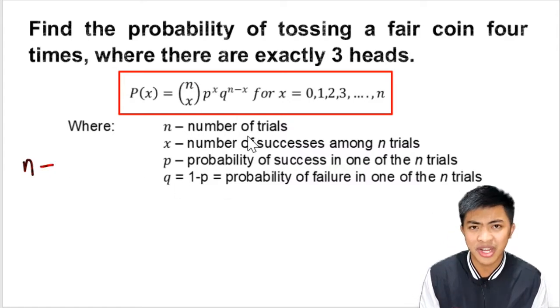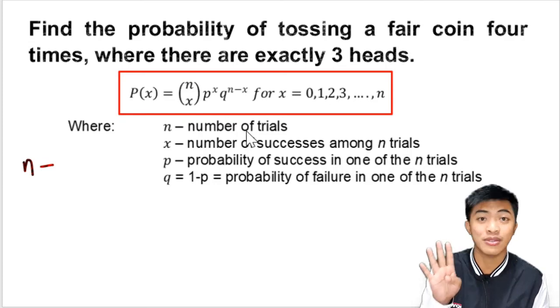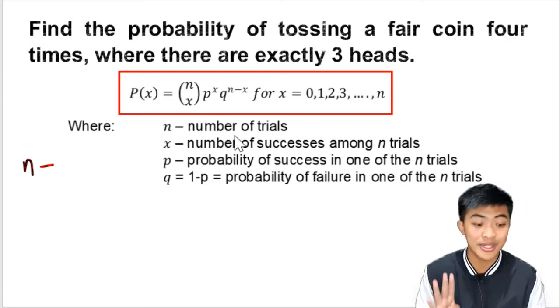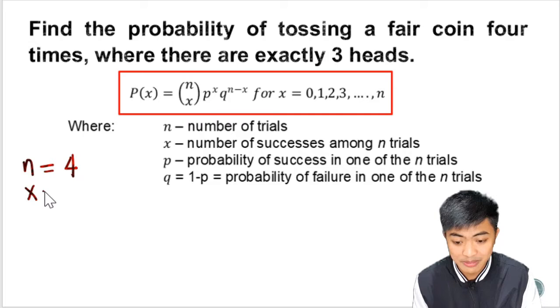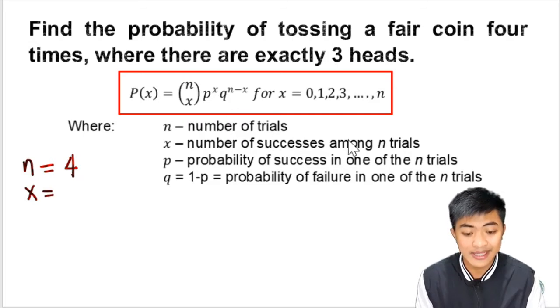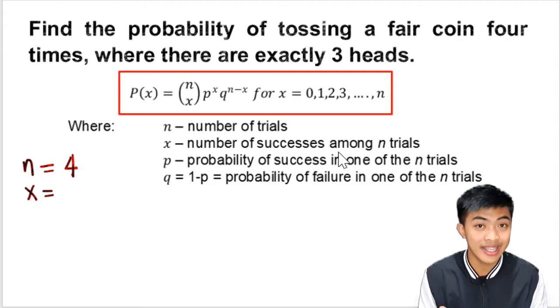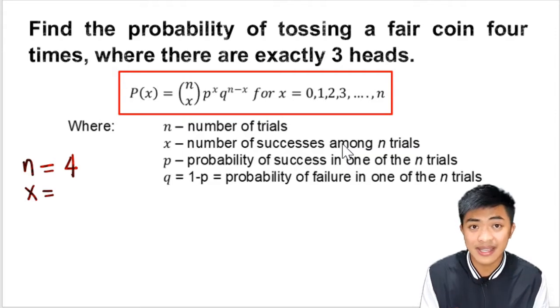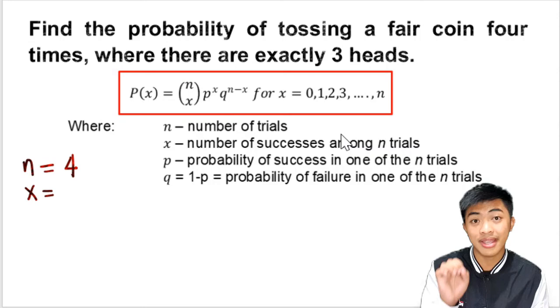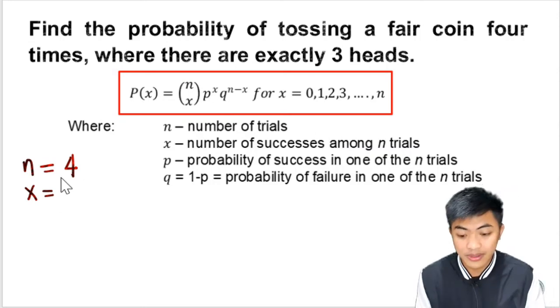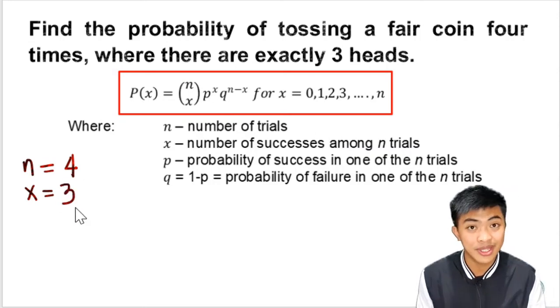So, ilan ba ang trials natin? Actually, there are 4 because we have to toss the coin 4 times. X naman is the number of successes among n trials. So, yung success sa problem is yung makakuha ng head. And ilan ba yung success na kailangan natin? We need exactly 3 heads. Okay, so that's what we are going to substitute in place of x.